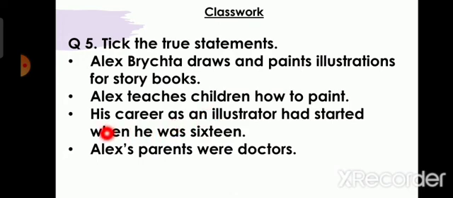And the last statement is Alex's parents were doctors. So here I have given you 4 statements. You will read them attentively, then tick the correct statements. Okay? Is everything clear to you? That's great.